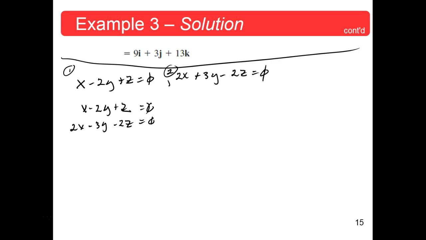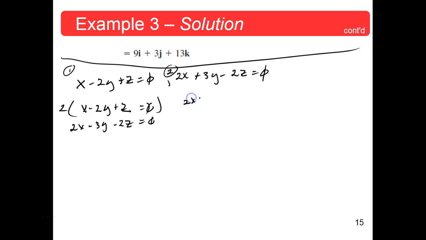You only have two equations, three unknowns. You're not going to get a unique answer, but you can eliminate one. Now, the easiest one to eliminate would be z, because they have opposite signs and it's a simple multiple. So let's multiply the top equation by 2, and the bottom equation we'll leave alone.